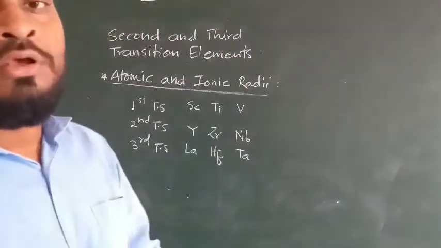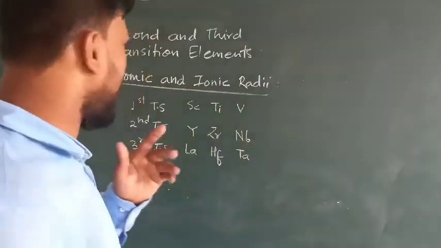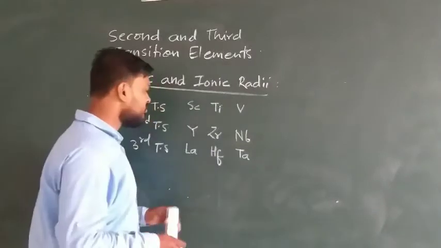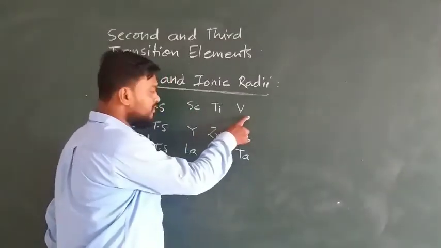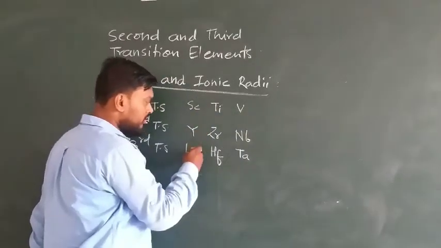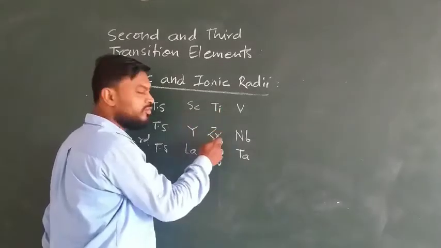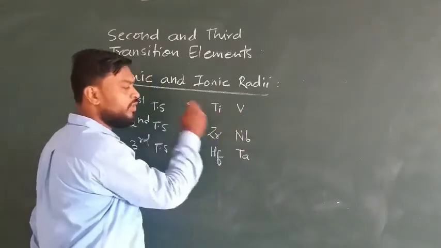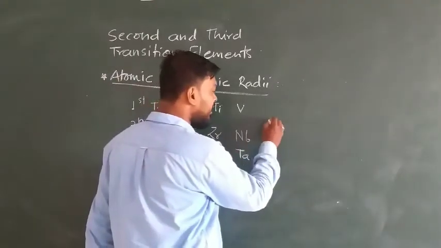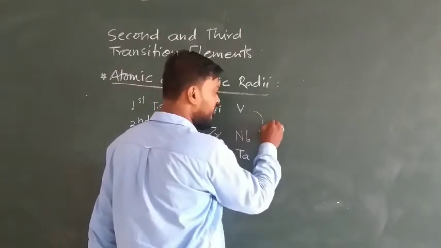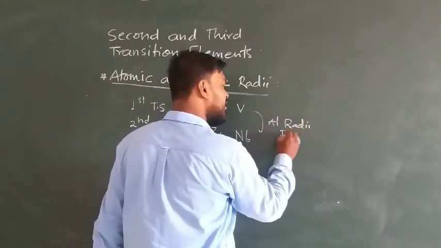Now if you look at these elements very carefully, after the first transition series, if you move down, from scandium to yttrium, titanium to zirconium, and vanadium to niobium, definitely the atomic radii or atomic size increases.